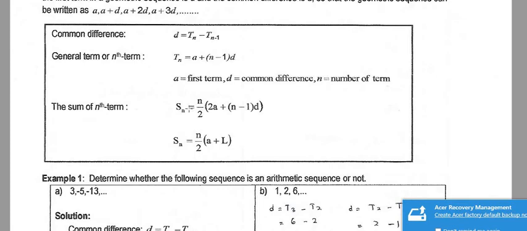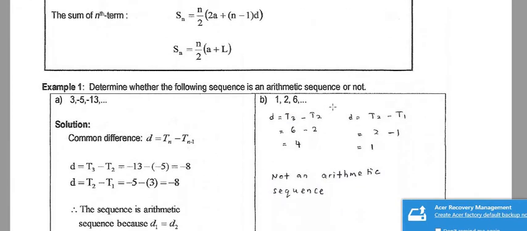Okay, Sn equal N over 2 multiplied by 2A plus N minus 1 D. So, we have three important formula here. The first formula to find common difference, D. Second formula to find term. And the third formula is to find the sum.